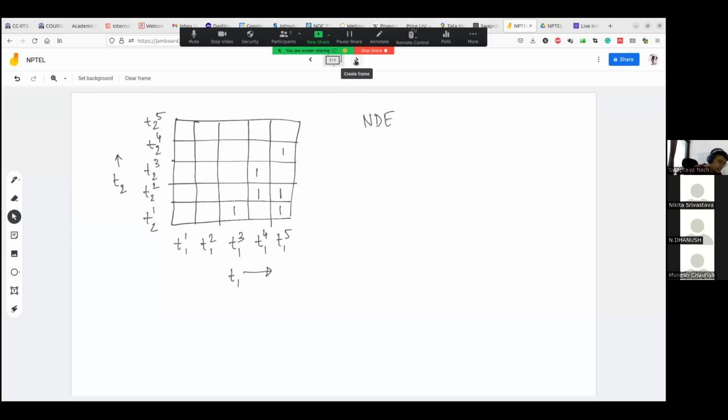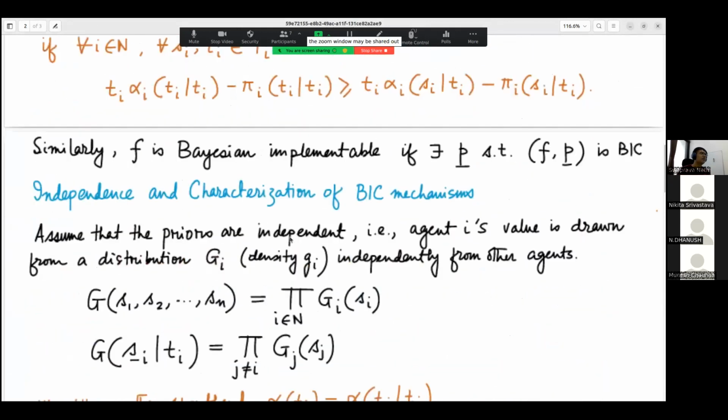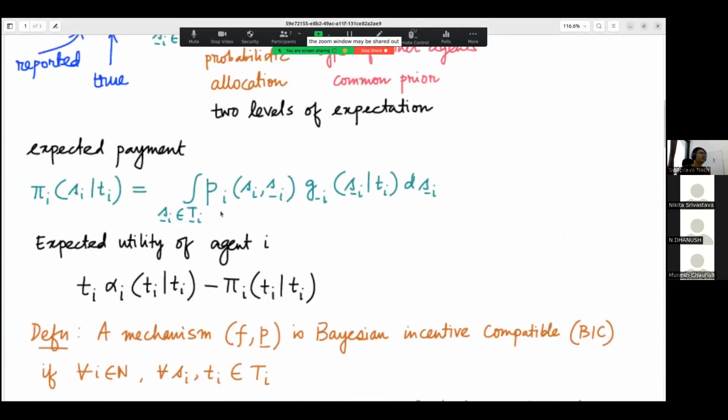Non-decreasing in expectation says that if you are player 1 and your type is, let's say, T1, what is the expected probability of getting allocated to this agent? Essentially, you are taking the expectation with respect to the other players' types, right? So this is the way.